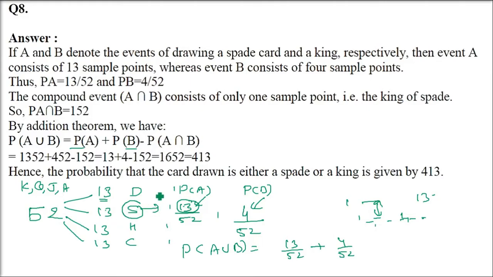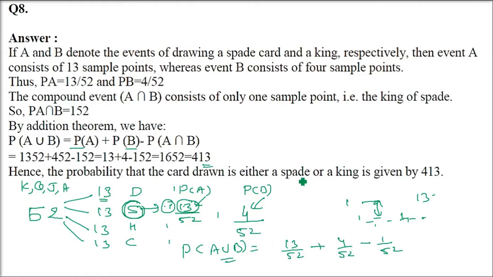I hope you got the idea. Among kings there are 4, but only one king is a spade. So 1 by 52 is the intersection.